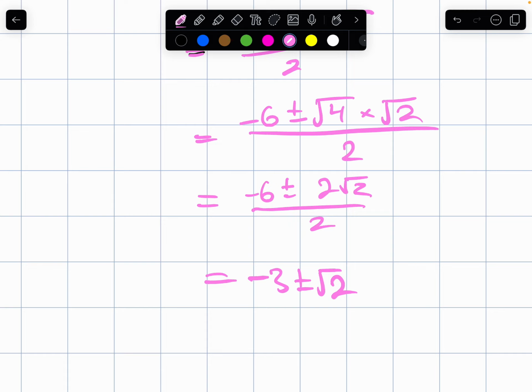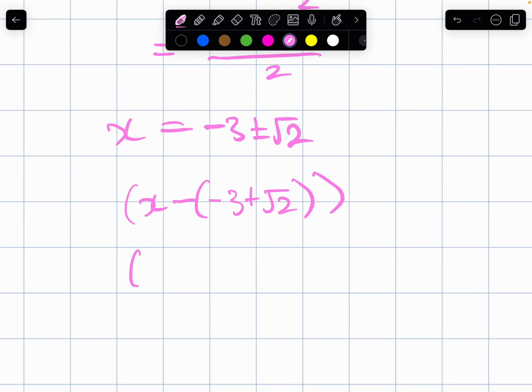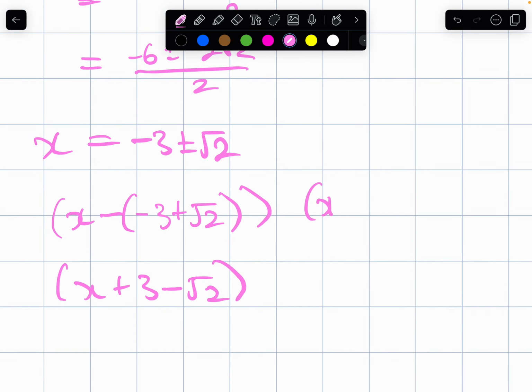And this is your final answer. So x equals negative 3 plus or minus root 2. So it's either x minus negative 3 plus root 2, which if you simplify it is x plus 3 minus root 2, or it's x minus negative 3 minus root 2, which if you simplify it is x plus 3 plus root 2.